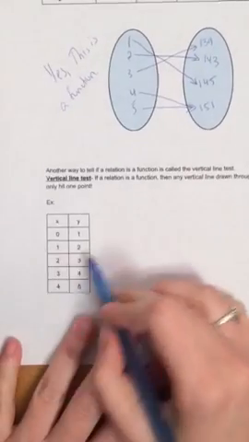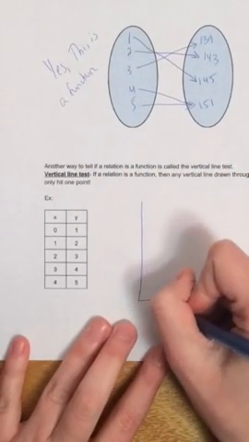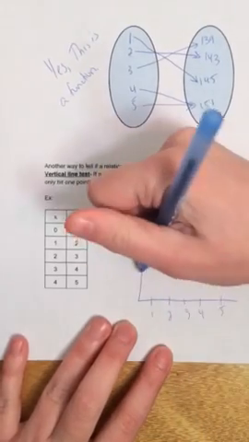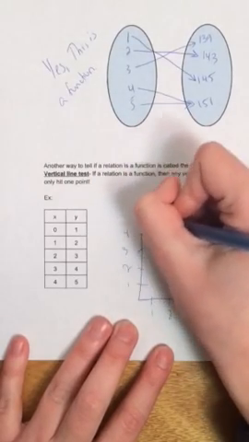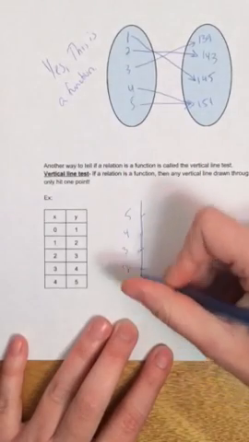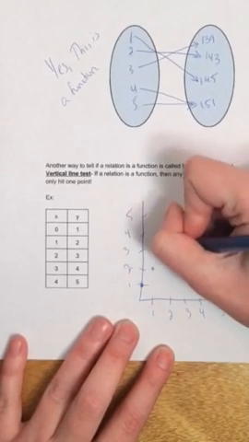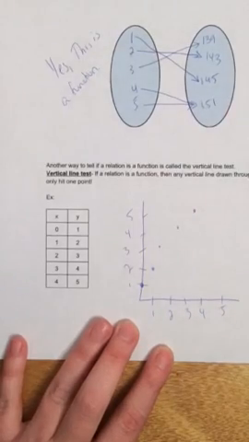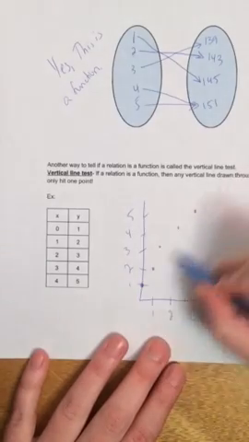If I look at this, I'm given a table and I'm going to graph these. Pretty simple. I have 0, 1, 2, 3, 4, 5 on my x, and 1, 2, 3, 4, 5 on my y. So I have the points (0, 1), (1, 2), (2, 3), (3, 4), (4, 5). I don't even have to draw a line through them.